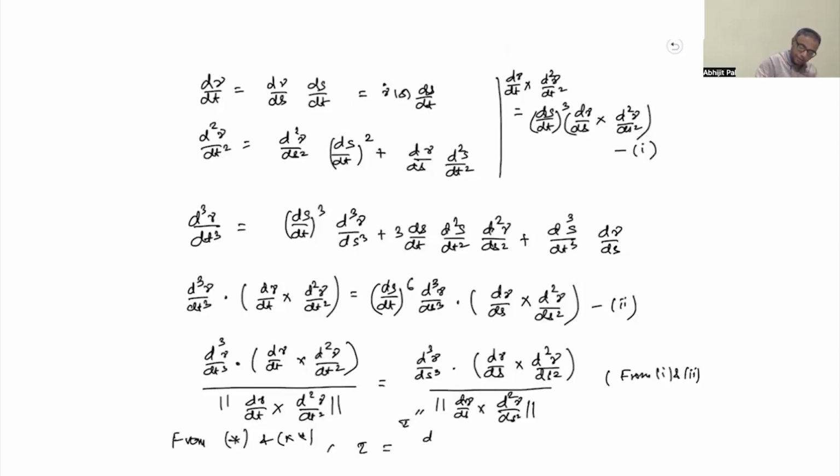Let me write τ in terms of this notation. So we have obtained this formula. Using this formula, you can compute the torsion of any smooth regular curve in R³. Okay, so I'll stop here today.